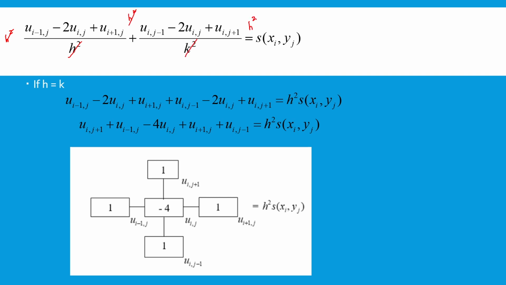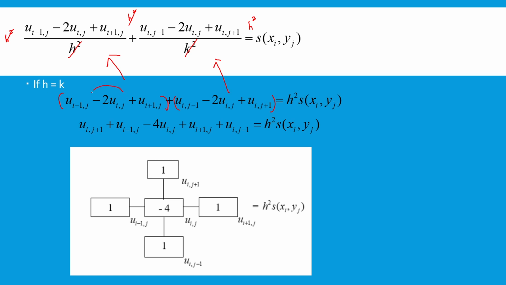So the right hand side you have h squared s x i y j. On the left hand side, you eliminate the over h squared and over k squared, becoming u i minus 1 j minus 2 u i j plus u i plus 1 j plus u i j minus 1. This is from the first term, and the last three terms are from the second term, u i j minus 1 minus 2 u i j plus u i j plus 1, equal to h squared s x i y j.